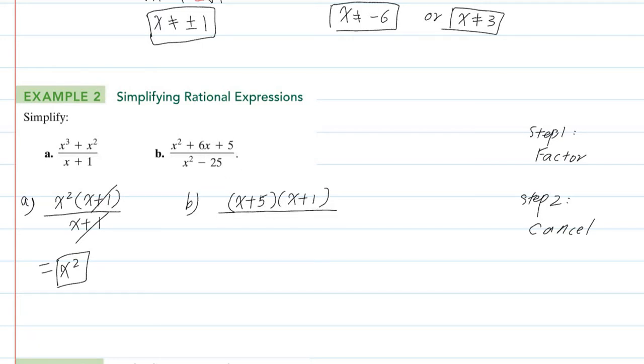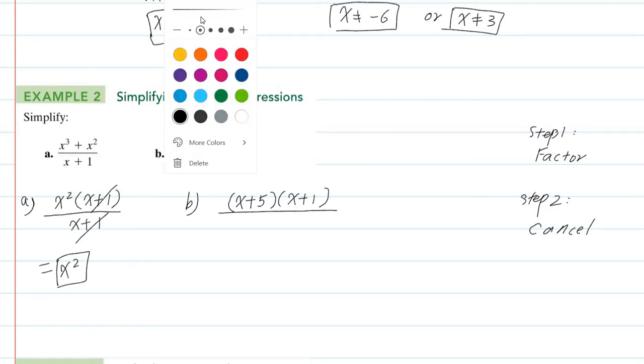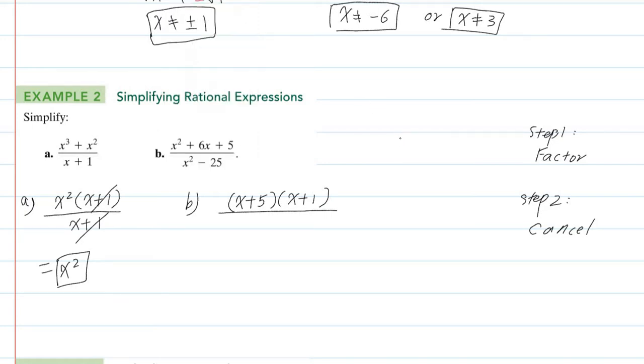And then we have to factor the denominator. If you forgot, the denominator is just of the form a squared minus b squared, which will give us a plus b multiplied by a minus b.